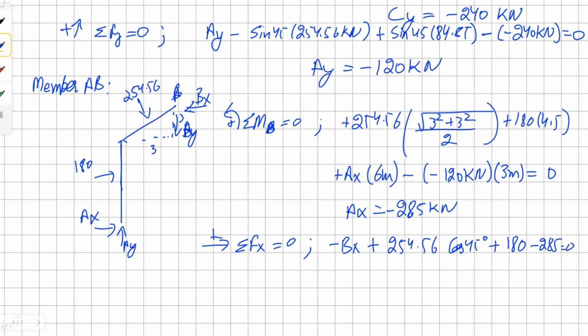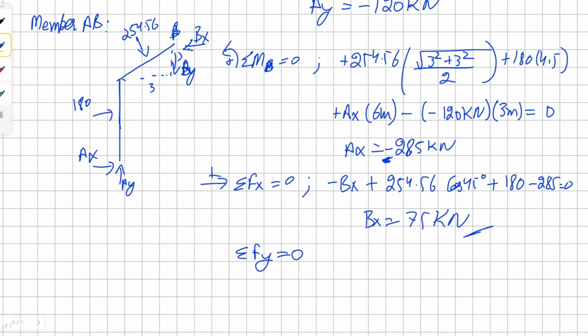I just noticed while I was doing this calculation that I missed a negative sign earlier, but there it is. So BX is going to be positive 75 kilonewtons. Now, for BY, we sum the forces in the y direction, assuming up as positive.